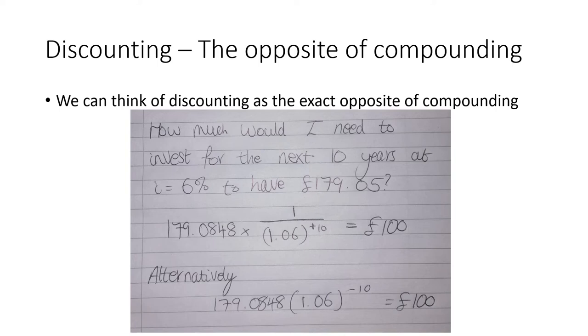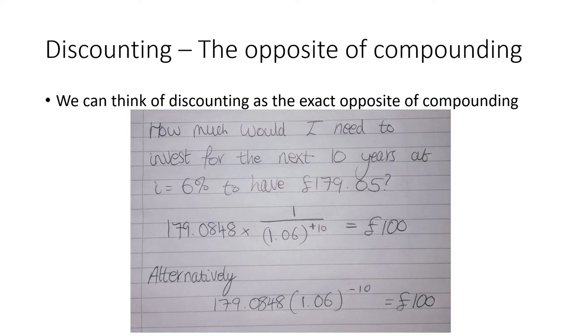So I would times my 179 by the opposite of what I did in the previous slide, so it would be 1 over 1.06 to the power of 10. It's important to stress that if we're doing 1 over the interest rate, the power is positive, and that would equal £100, which is what we started with.